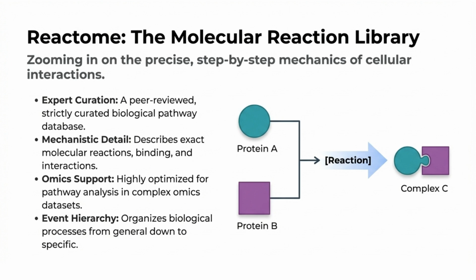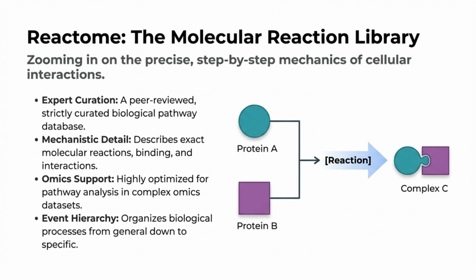It is carefully curated and focuses on the specific molecular events that occur during biological processes. Instead of only saying that two proteins are connected, Reactome may describe the actual reaction, binding event, transport step, or modification involved. This makes it extremely useful when researchers want a deeper mechanistic understanding of cellular function. If you look at the slide, Reactome can be seen as a highly detailed reaction library for biology.